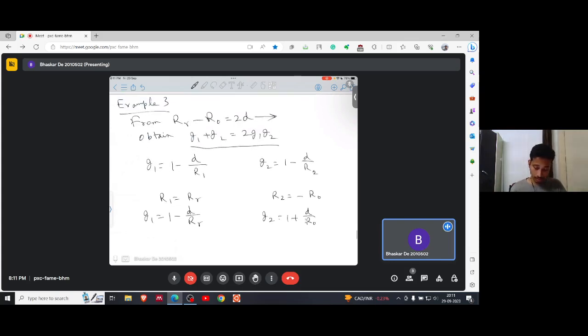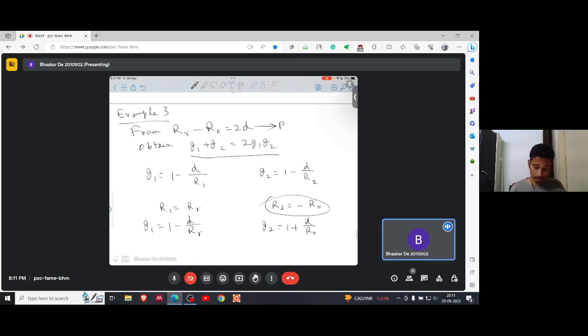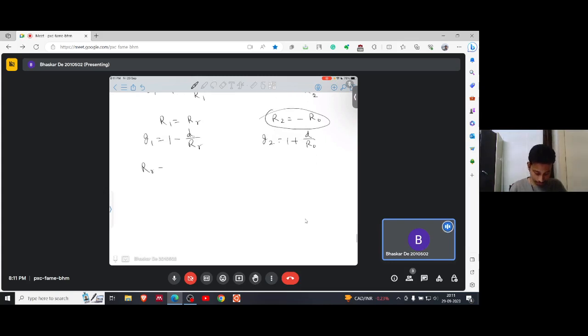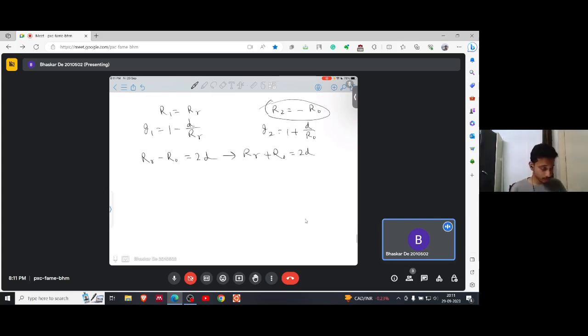Now if this is the case, then we can use that here. I will not write in the problem, rather I will write r plus r0 equal to 2d.